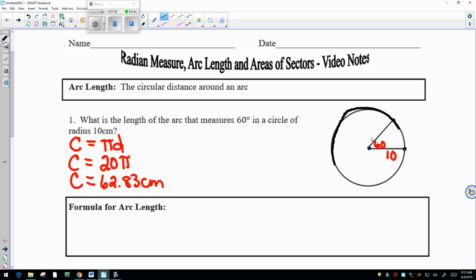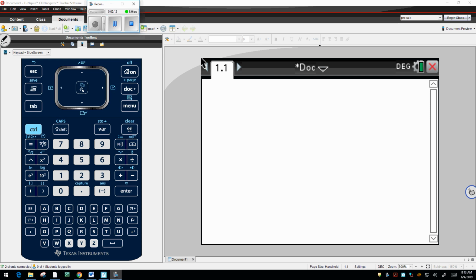So I only need 60 degrees out of 360. If I'm going to find that arc length, it's like saying I need a part of that. So out of my circumference, out of that 62.83, I only need 60 of the full 360. If we plug that into the calculator, this is a great place to use a fraction template.